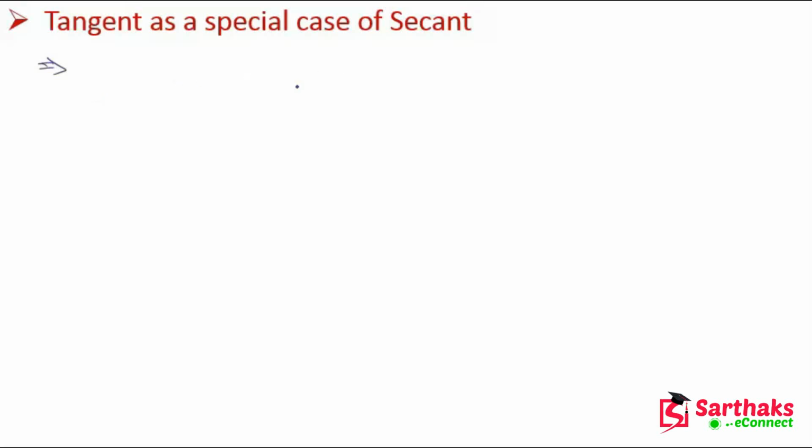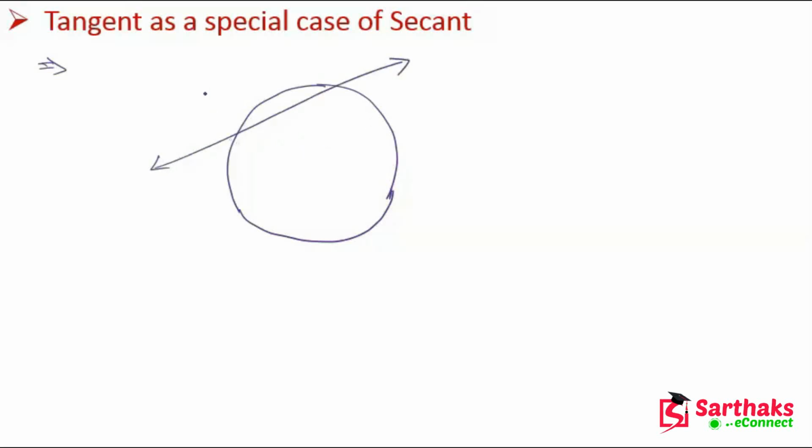Let's suppose we have a circle like this, and we have a secant like this, and another secant like this.